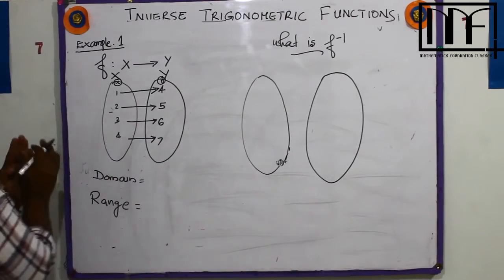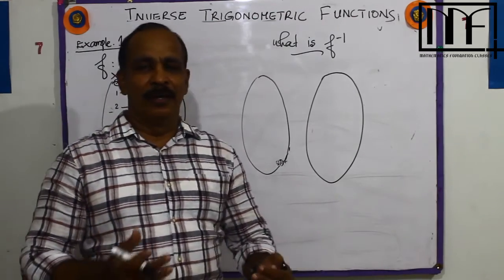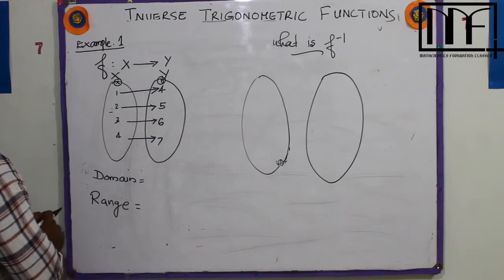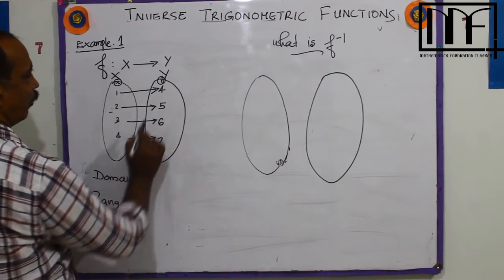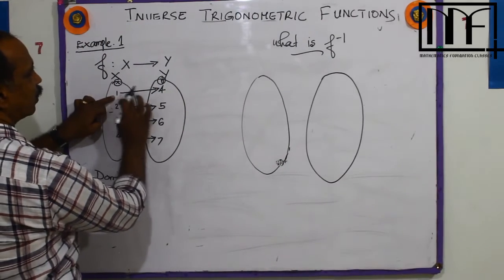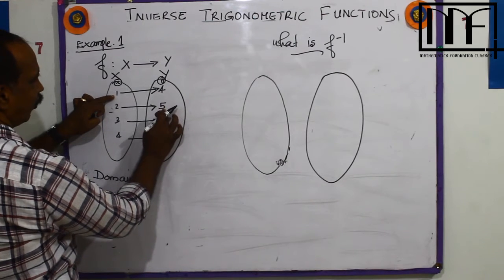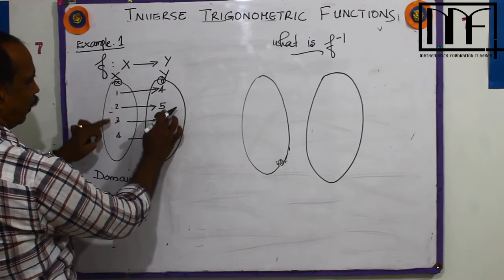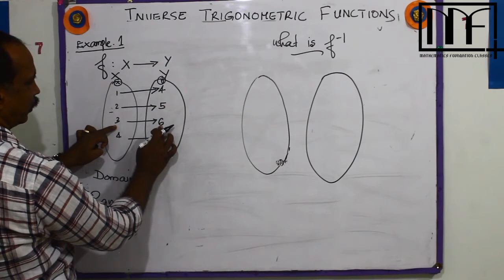Now look here and form a relation between x and y. Look at the elements in the codomain: 4 is 3 greater than 1, 5 is 3 greater than 2, and again 6 is 3 greater than 3.